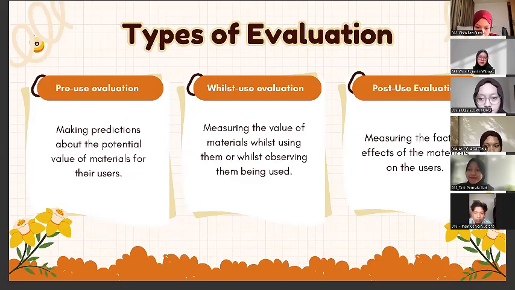Okay, for the next part is the types of evaluation. There are three main types of evaluation for materials. The first one is pre-use evaluation. This type is about making predictions about the potential value of materials for their users.